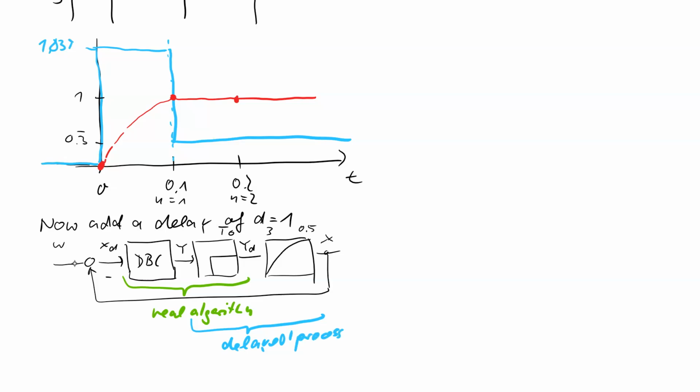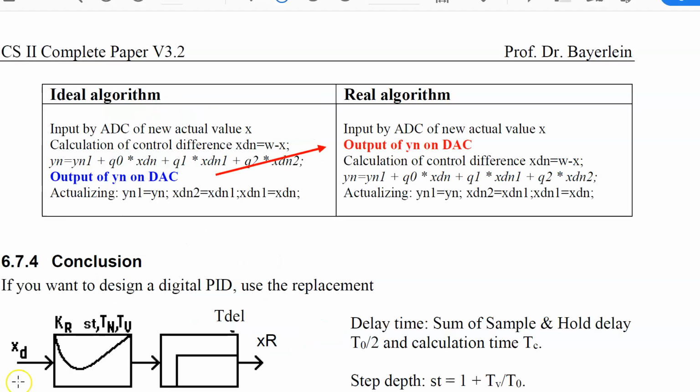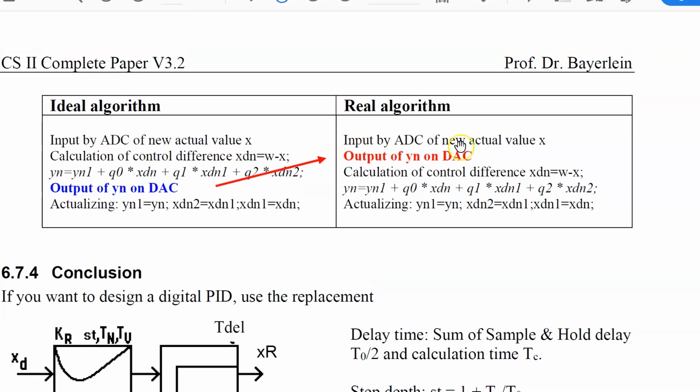I think I should go back in the document to tell you again what a real algorithm is, because I think it could be helpful now in this case. So I open the paper. On page 20 we have shown that there are 2 cases of algorithm.